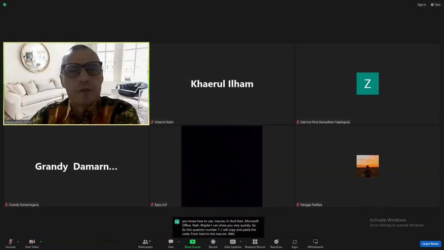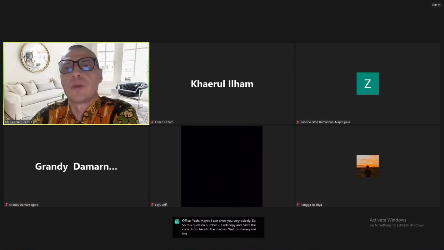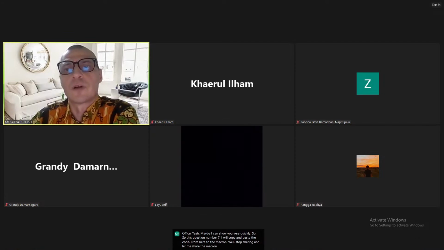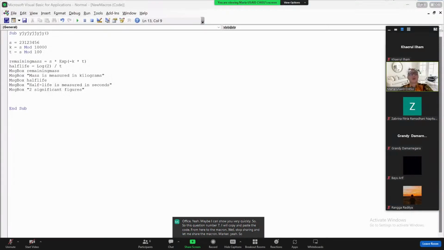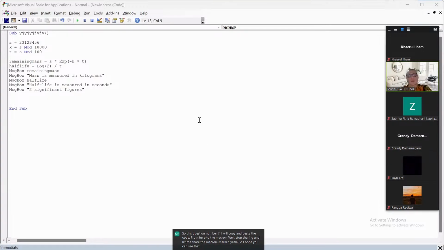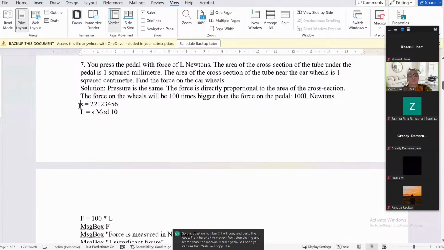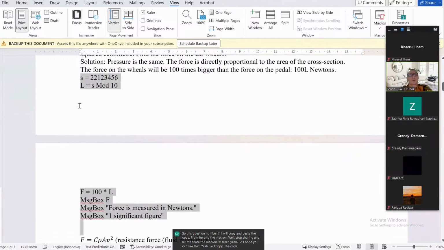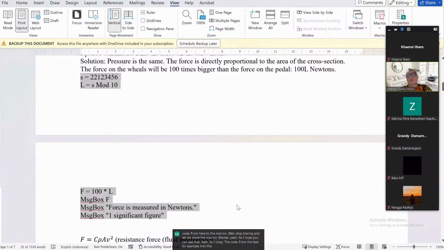Let me stop sharing and let me share my macro. I hope you can see that. So I copy the code into the macro, and I run the code.